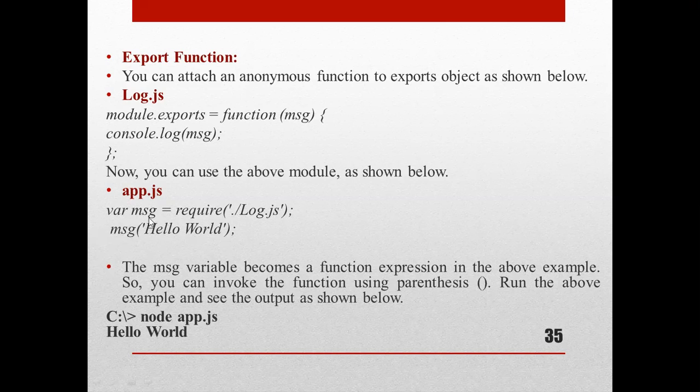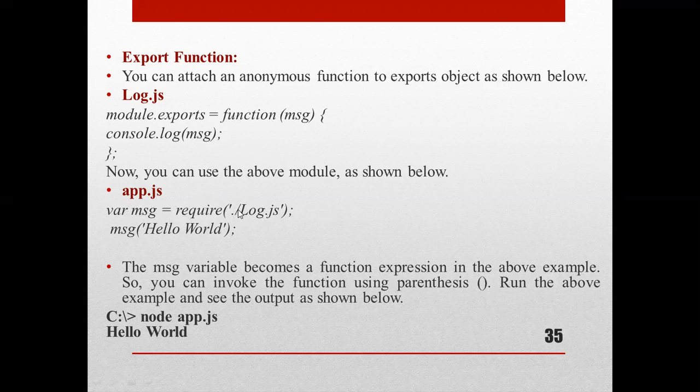Now this message variable will act as a function expression, as in the above example. Why? Because we are importing the log.js module, and it includes one anonymous function. So consider directly: variable message equals function.